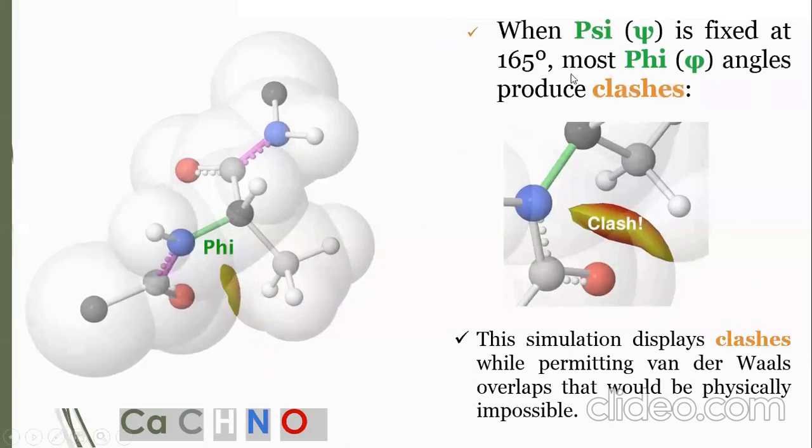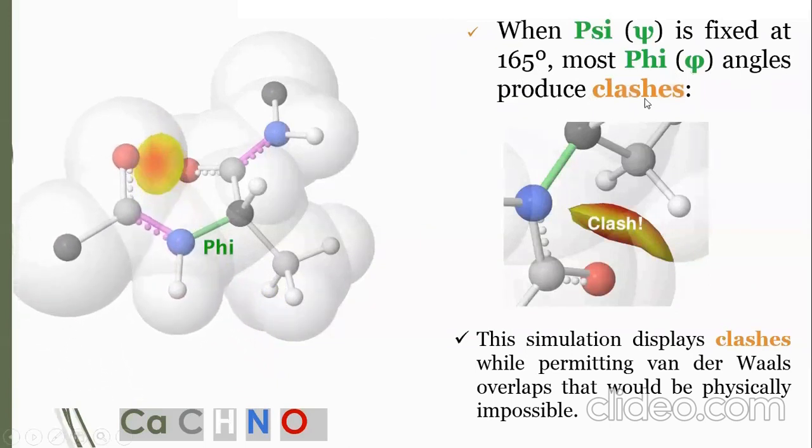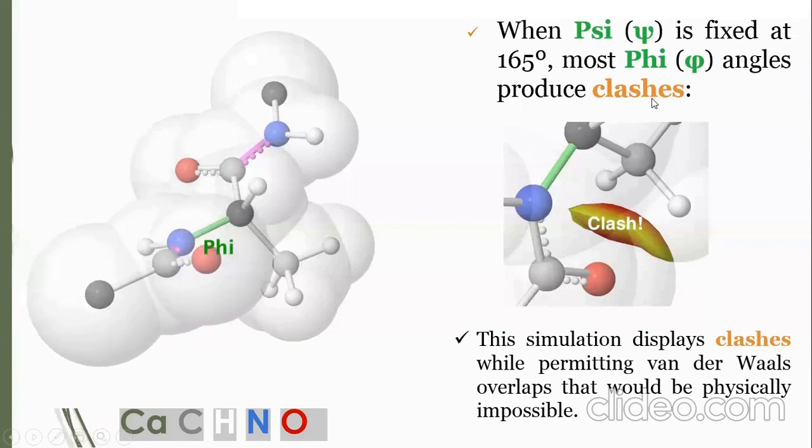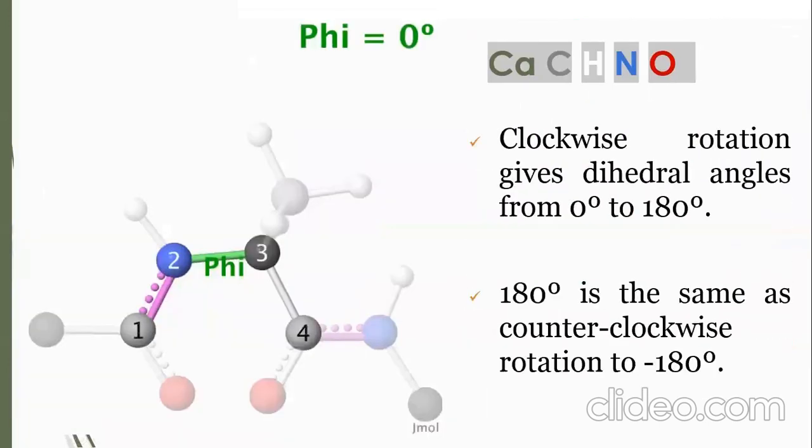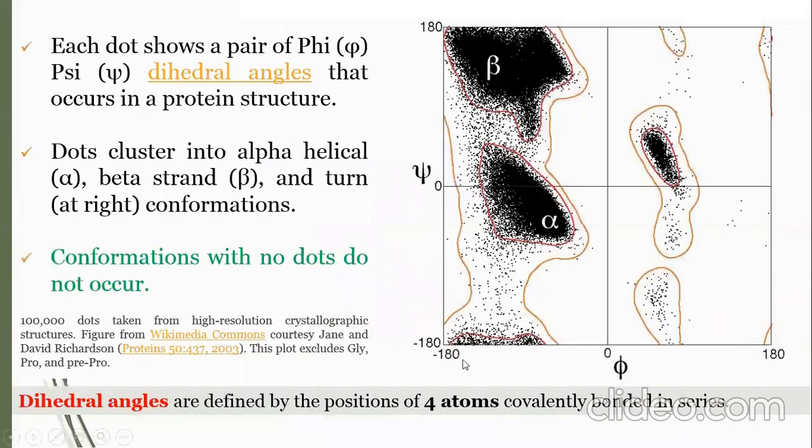If psi is 165, most phi angles produce clashes, except for this region. They will produce clashes at this position, and at this position, and that's why this region is white.